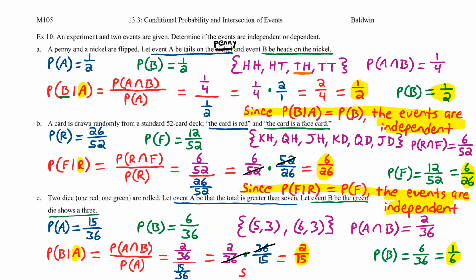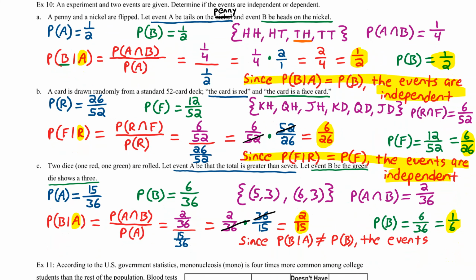So in this instance, since that conditional probability does not equal the probability of B, the events are dependent.